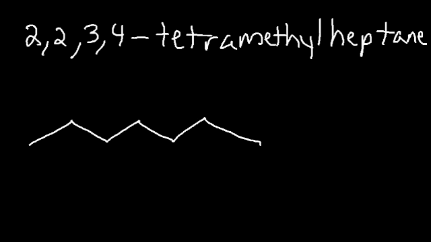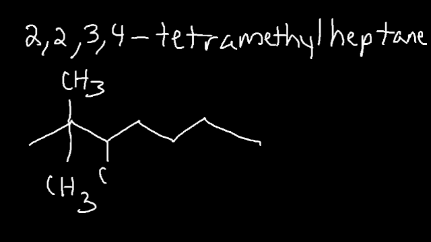And on carbon 2, we have a methyl. Well, in fact, we have 2 methyls on carbon 2. It's 2,2-dimethyl. And we have 1 methyl on carbon 3 and another one on carbon 4. So this is 2,2,3,4-tetramethylheptane. Tetra means 4. Mono is 1, di is 2, tri is 3, tetra is 4.